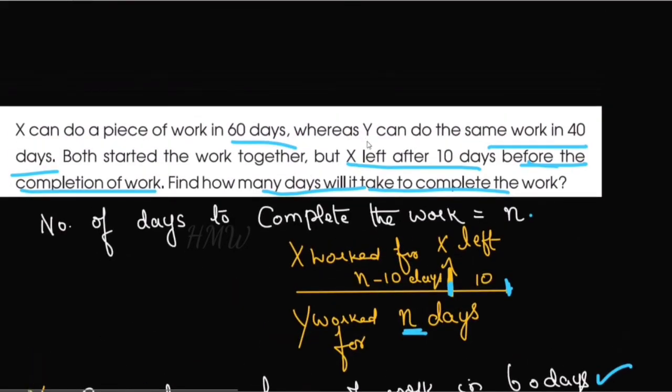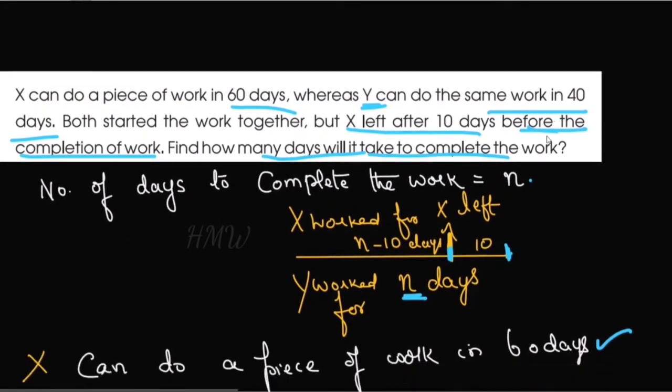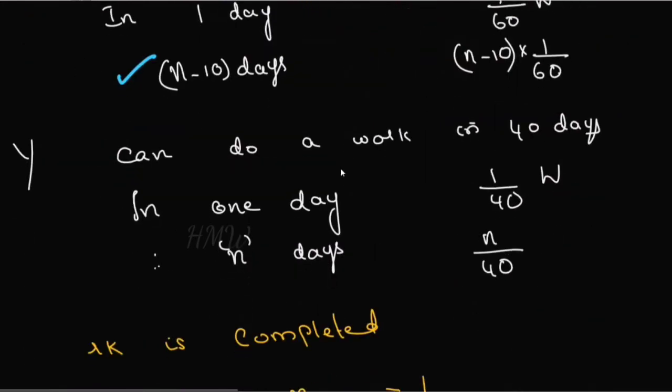Similarly, what is the capacity of Y? Y can complete the work in 40 days. In one day, Y can complete 1 by 40 of the work. So from days we are converting to work. How much work can Y do in a day? Take the invert, or reciprocal, of 40, which is 1 by 40.